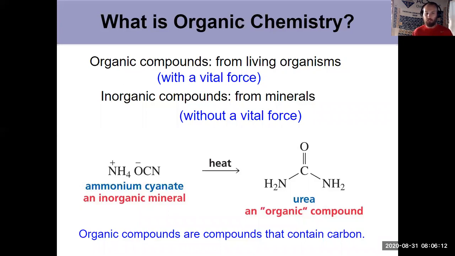But that definition kind of fell by the wayside, right, when urea was synthesized from ammonium cyanate, right? Because urea, right, is found in your body, and it came from something that was inorganic. So now the line was kind of blurred between the two. So the loose definition that you'll get from anyone, what is organic, right? Just things that contain carbon. If it doesn't contain carbon, we tend to lump it in with inorganic.